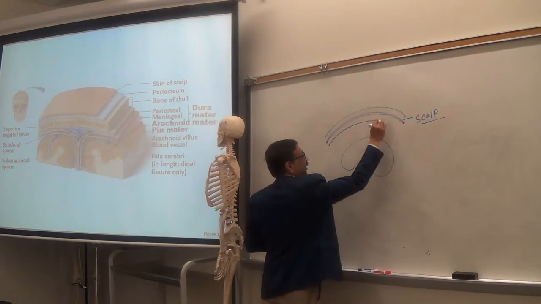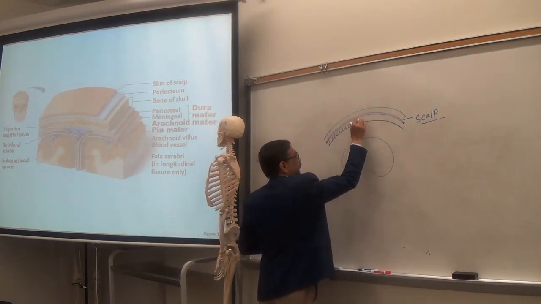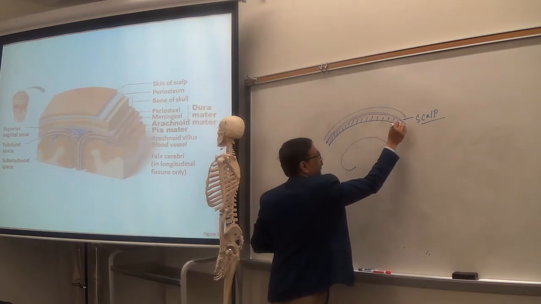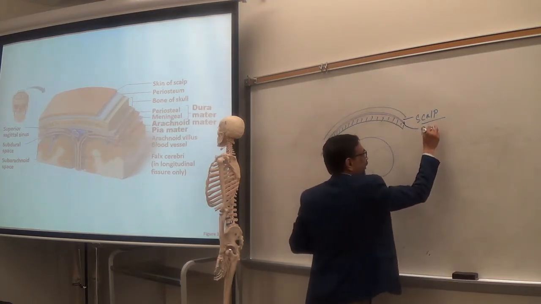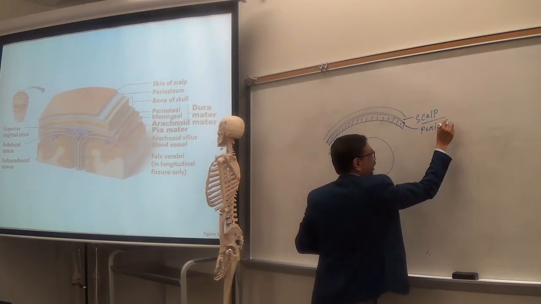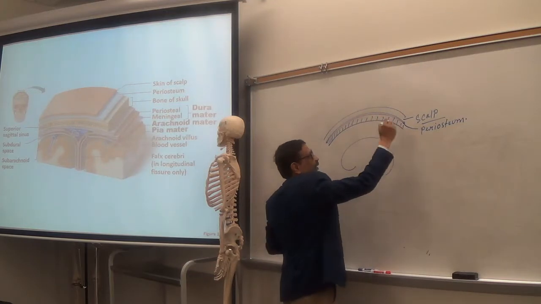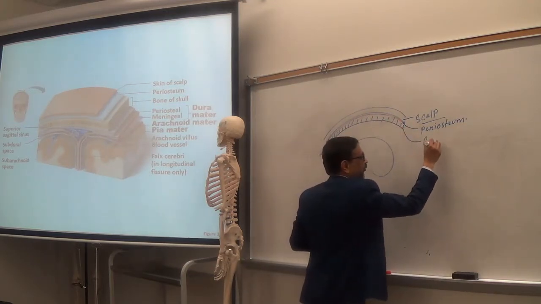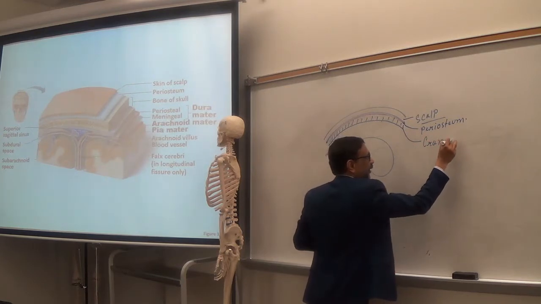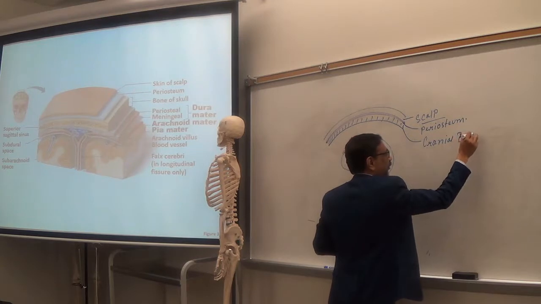So this is the cranial bone. Okay. So periosteum is the connective tissue covering of the bone under the skull. Then you have the cranial bone.